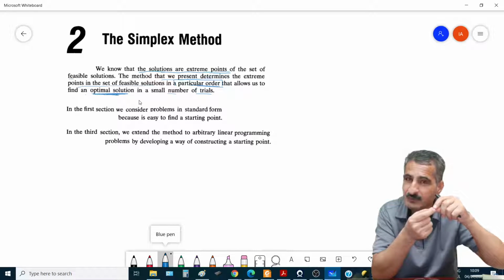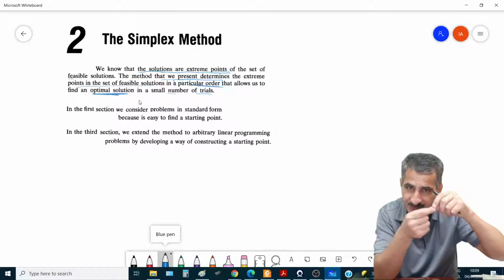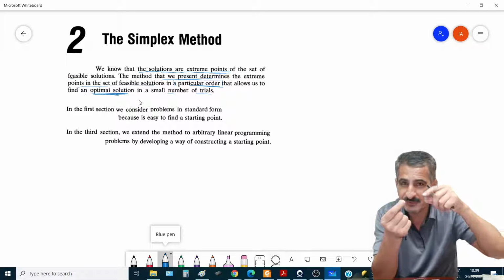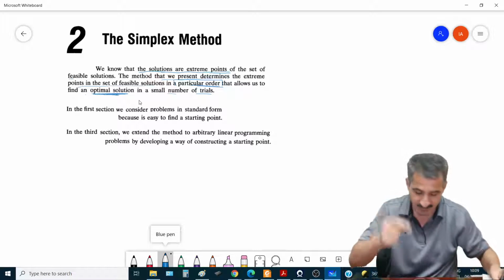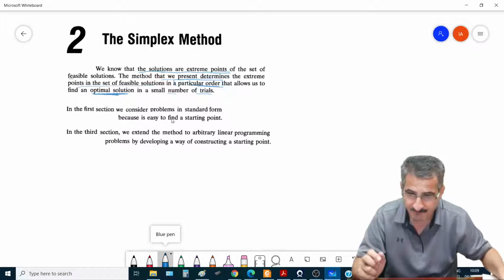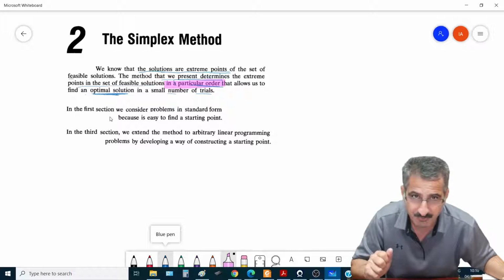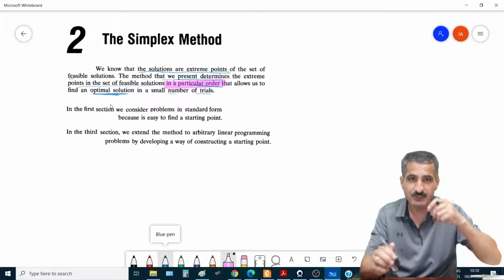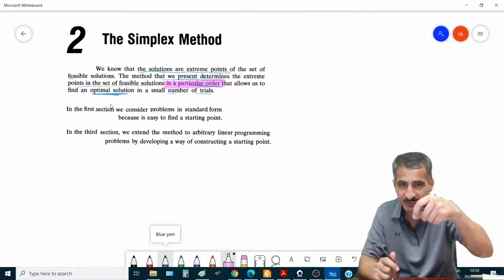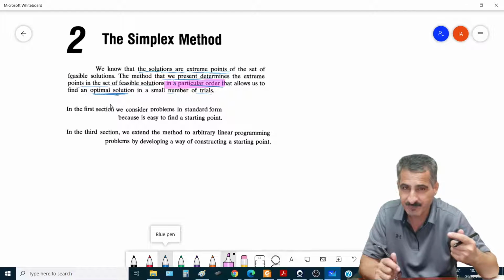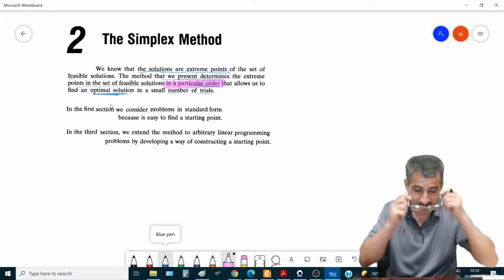We go to an adjacent extreme point of the new one, where the function will take a higher value, assuming we are looking for a maximum, and so on. So that means we will visit the extreme points in a particular order and not all of them. We are moving from one extreme point to an adjacent one and then to another adjacent one, and the function is increasing. This is the way the simplex method works.